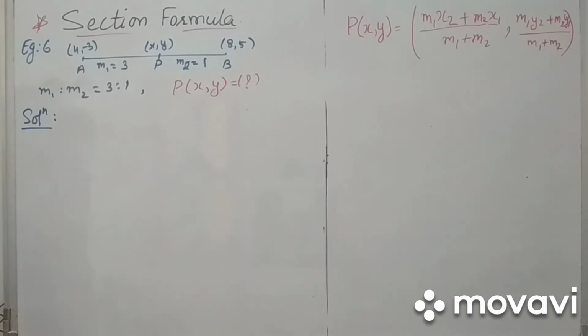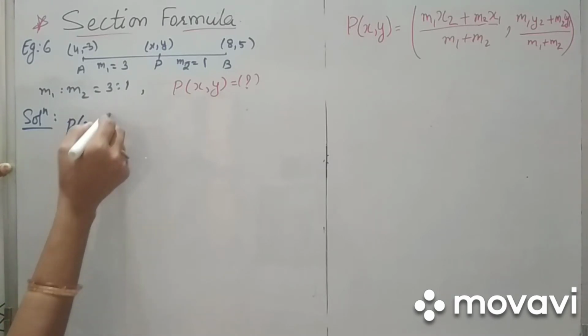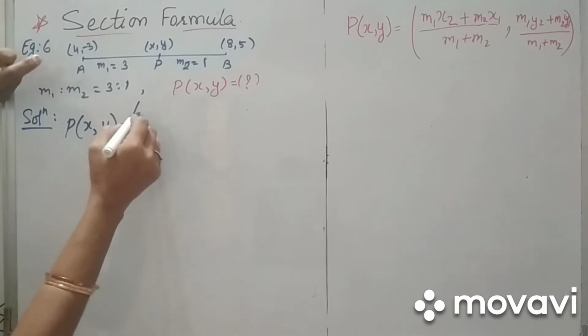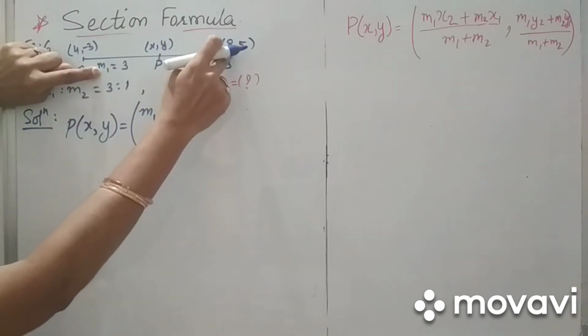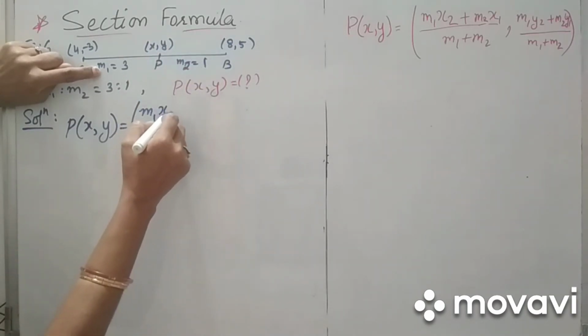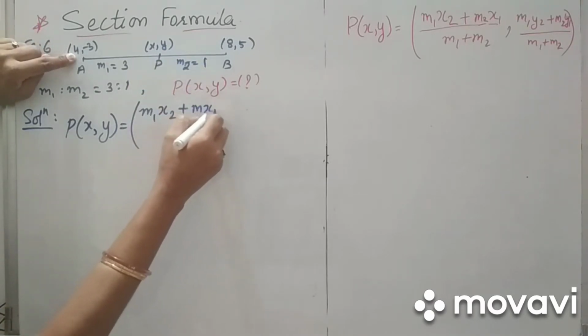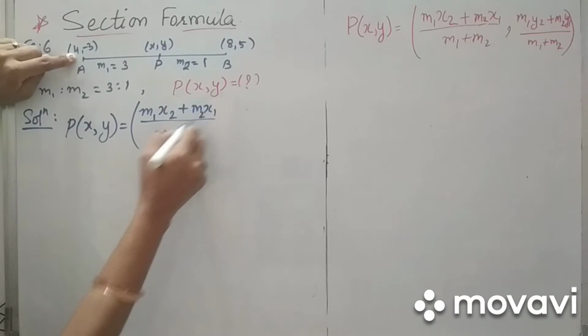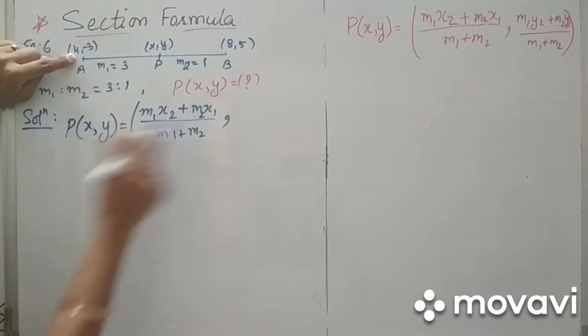Now, dear students, I always prefer to draw a rough figure like this. Now see why I am insisting on drawing the figure. So what is the formula? First of all, let us write P(x, y) is equal to M1 multiplied with the x coordinate of the second point, plus M2 times the x coordinate of the first point, x1, upon M1 plus M2, comma, now I will get the coordinate of y.